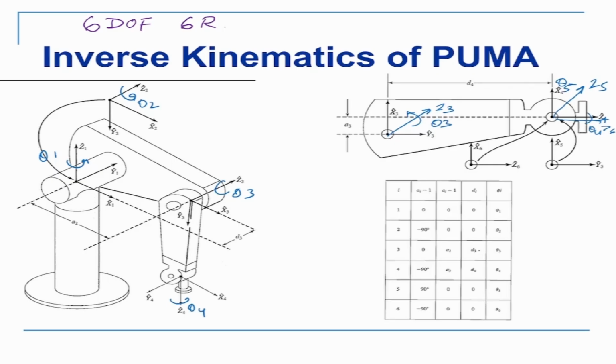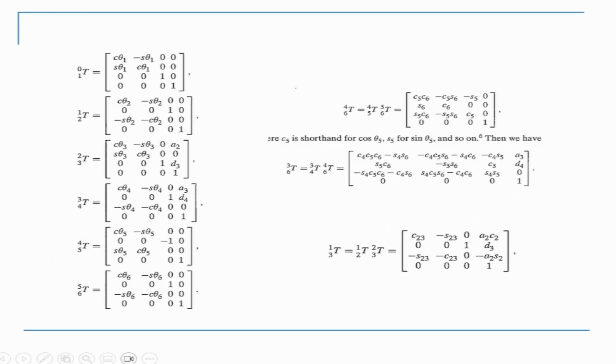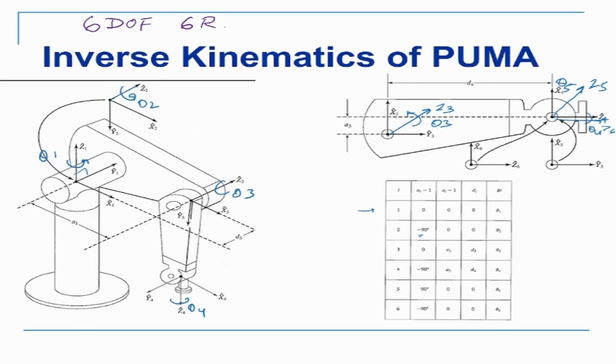We see that Z0 and Z1 are in the same direction, so this is the first row. Then for Z2, there's an angle of 90 degrees clockwise, so it's minus 90. Z2 and Z3 are parallel, so there is no change here.